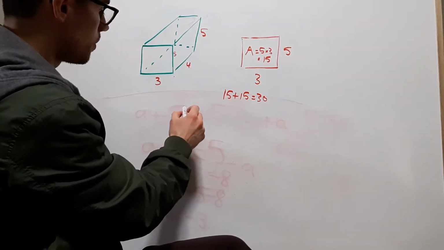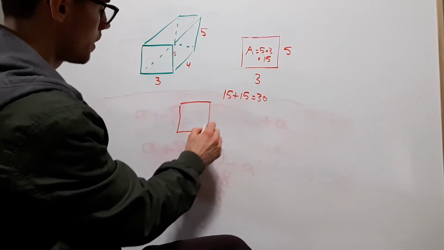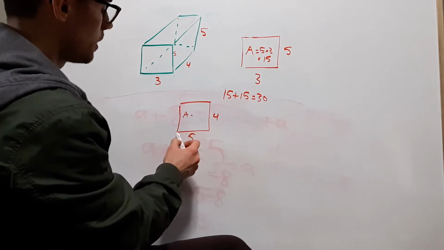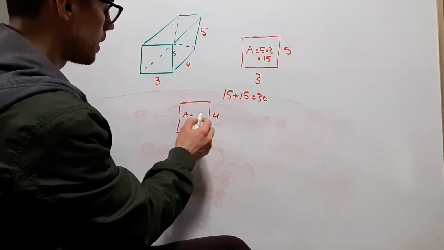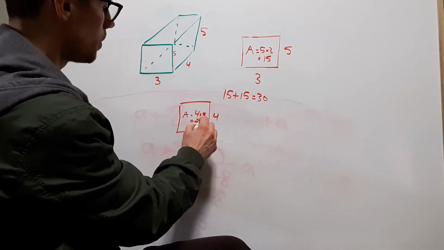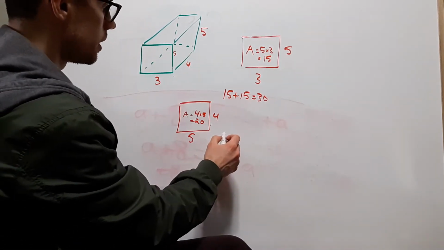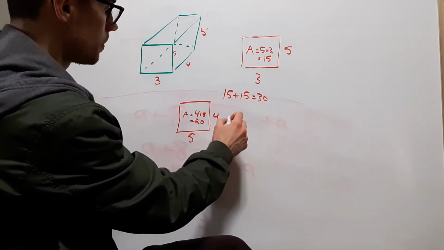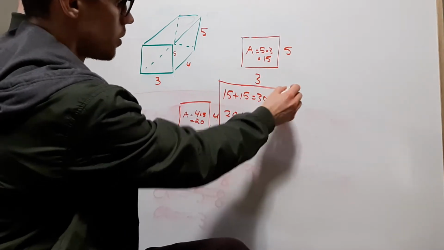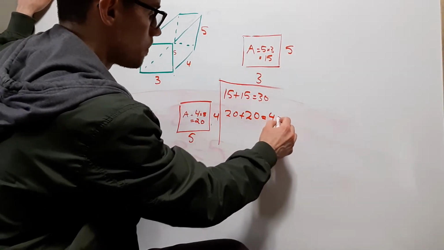So on the side, here we have 5 by 4. And the area of this, in the same way, is going to be the length times the width, however you want to say it, which is 4 times 5, and that's going to be 20. Again, we have 2 of those, so this is going to be 20 plus 20. If I put all the calculations right here, I'm not organizing my work very well. 20 plus 20, that's going to be 40.